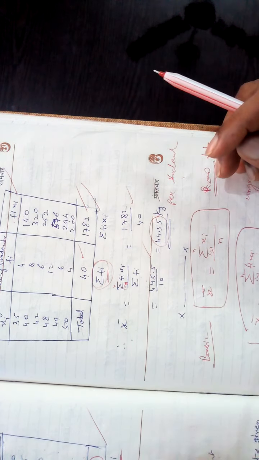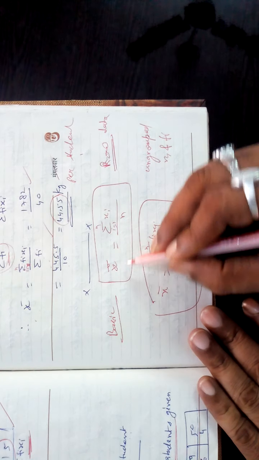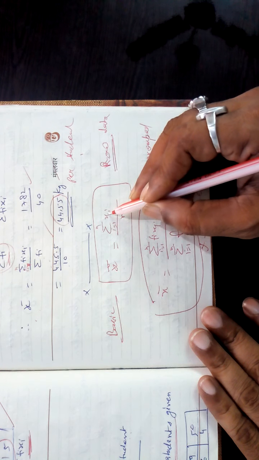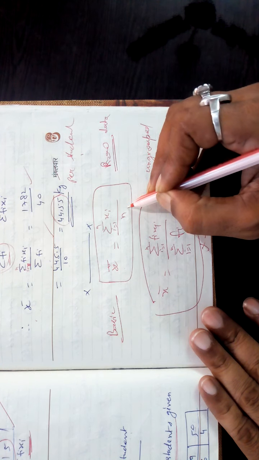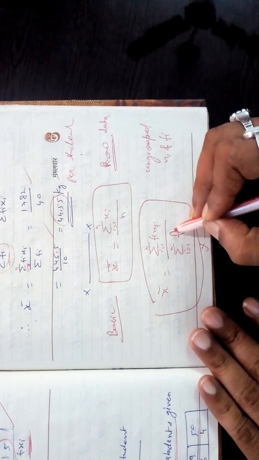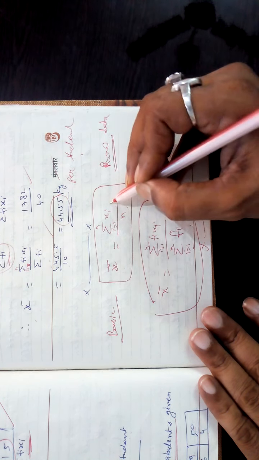So you will get these two types of questions. The basic formulas are x bar is equal to sigma fi xi upon sigma fi, and sigma xi upon n.